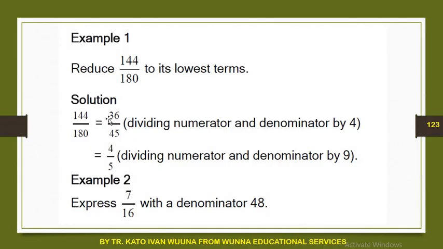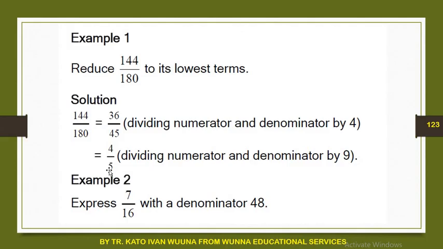But our new fraction, which is 36 over 45, still has a common factor, which is 9. So if we divide 36 by 9, we shall get 4. If we divide 45 by 9, we shall get 5.